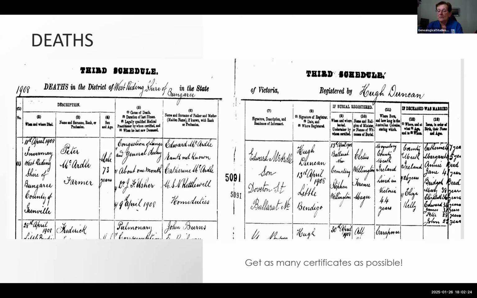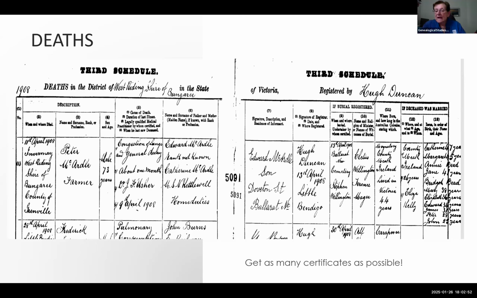Perhaps he arrived in New South Wales and then moved over to Victoria, in which case, because it says how long in the Australian colonies, it would show how many years he'd lived in New South Wales before he moved to Victoria, where he lived for 44 years.